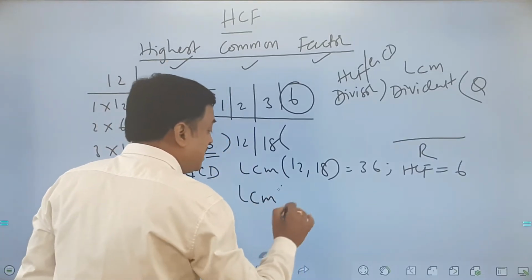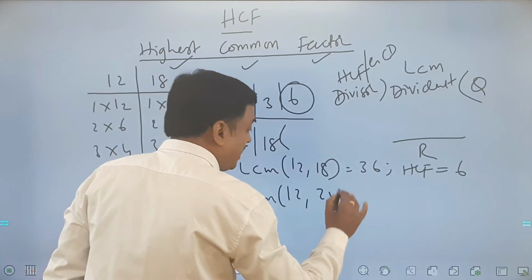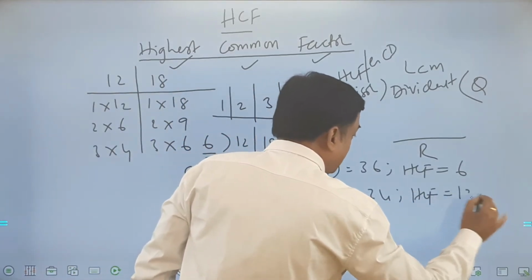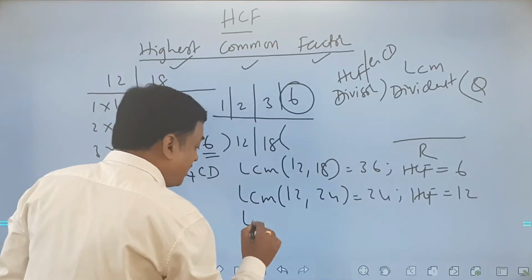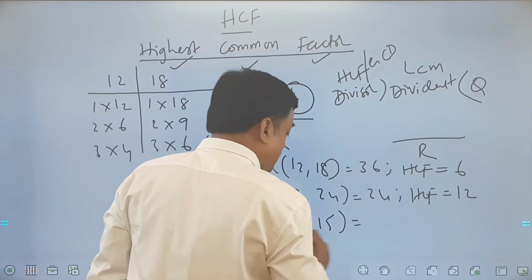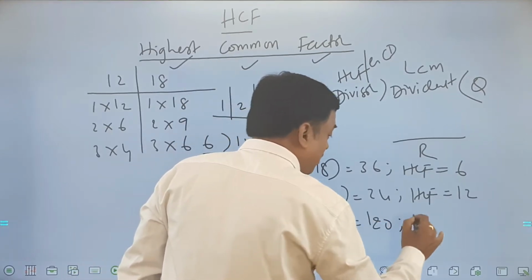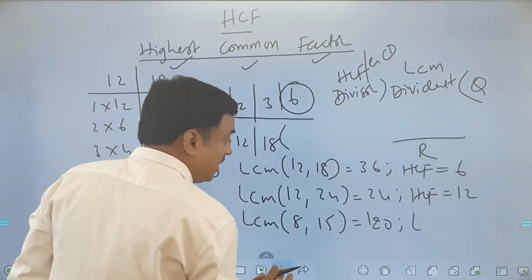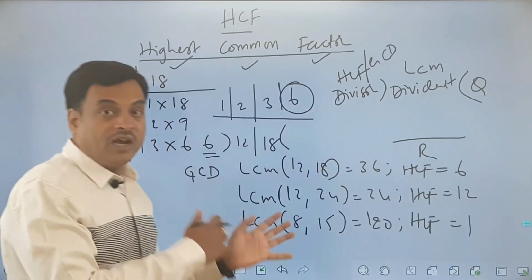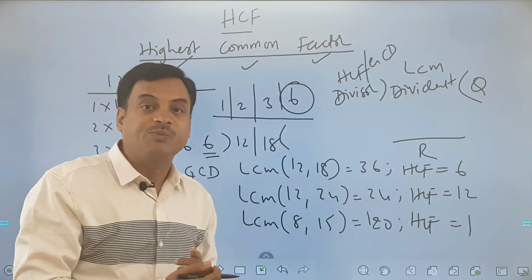If I take the LCM of 12 and 24, LCM is 24, whereas HCF for them is 12. And if I try to find the LCM of 8 and 15, then it is going to be 120, whereas HCF for them is going to be 1. A big difference between the two.